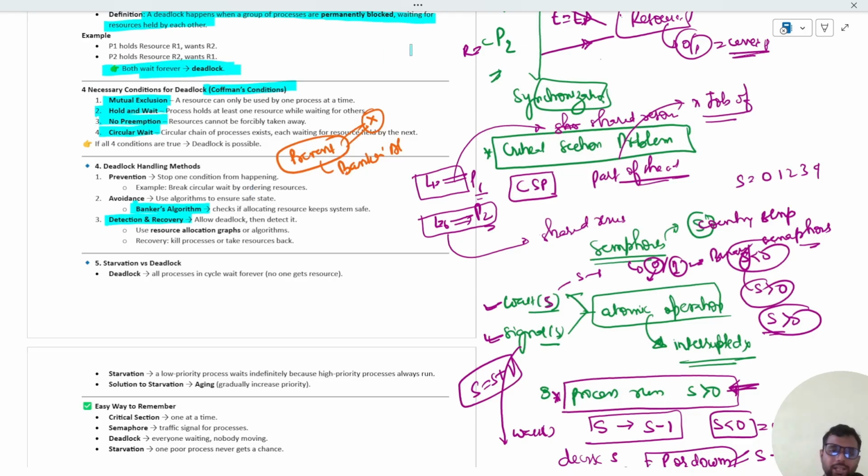So this is called detection and recovery. So you have to first prevent and avoid deadlock. For avoiding, you have one algorithm that is known as the Banker's algorithm. And if you cannot do that, or even after so many precautions deadlock happens, then there is only one solution: you detect the deadlock, kill the process and free the resource.